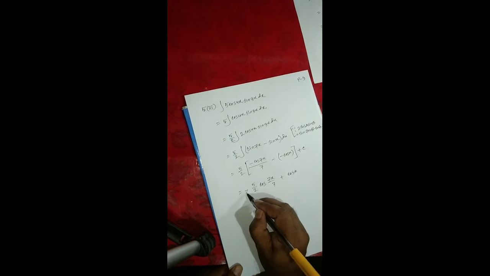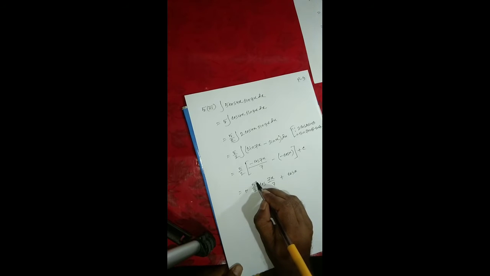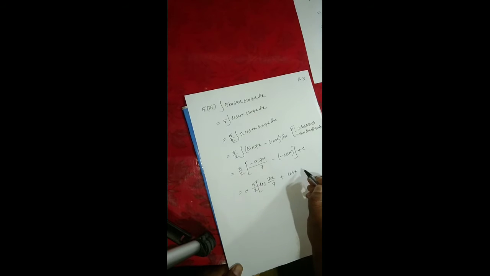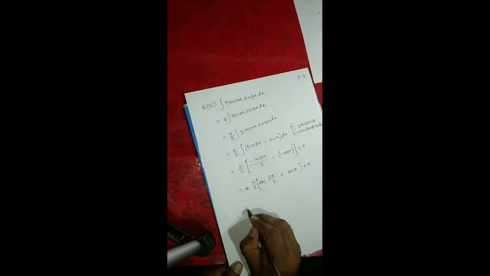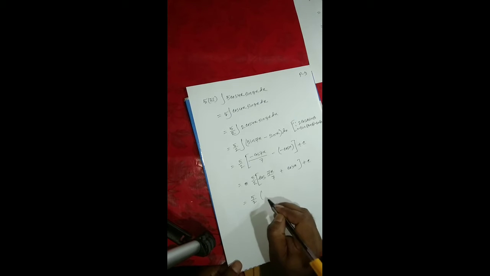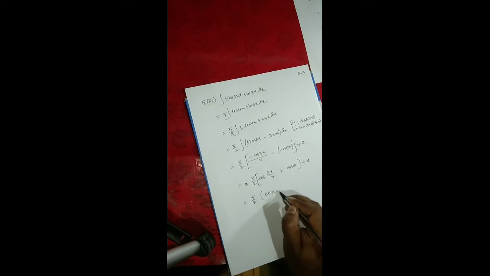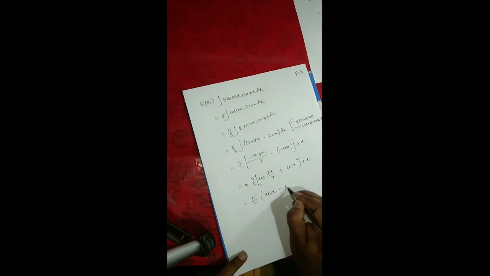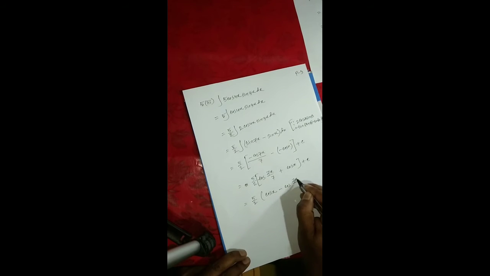Now at first we take the common 5/2, then here minus, plus c. Now we arrange it: 5/2 cos x minus cos 7x by 7 plus c. This is the answer.